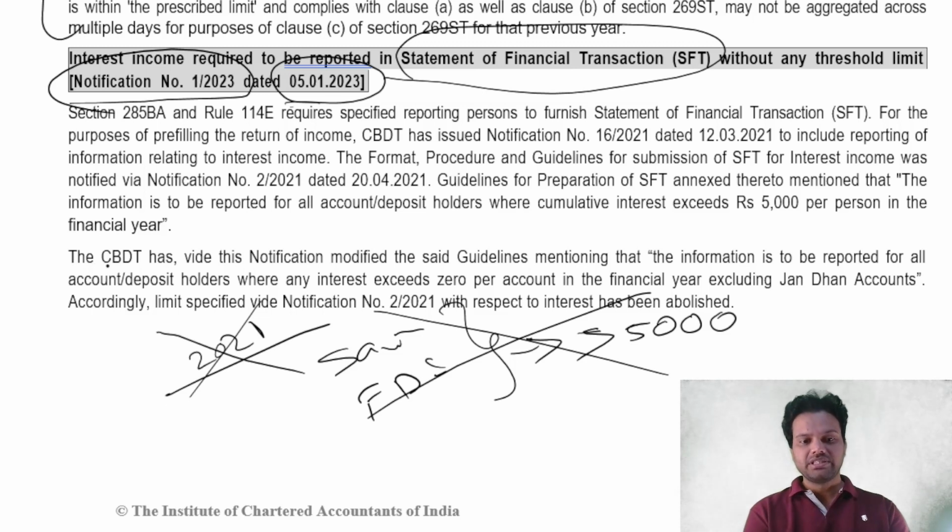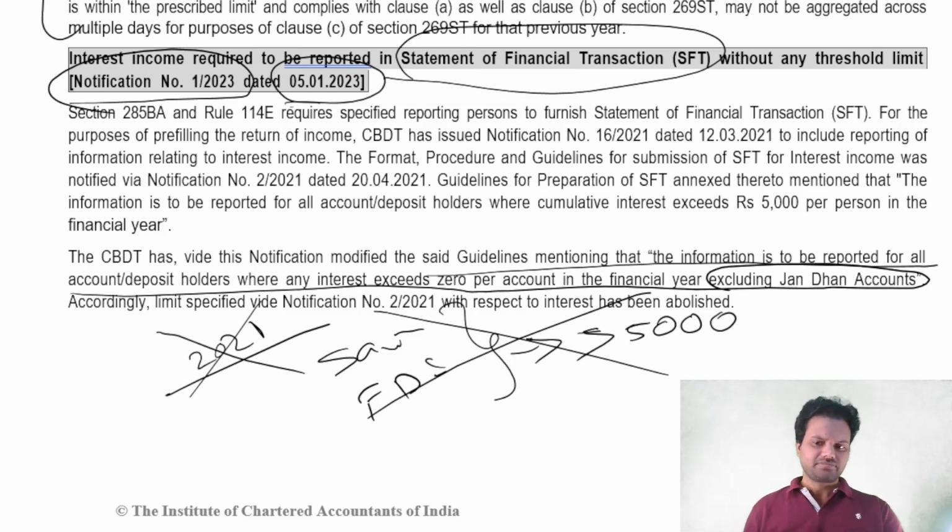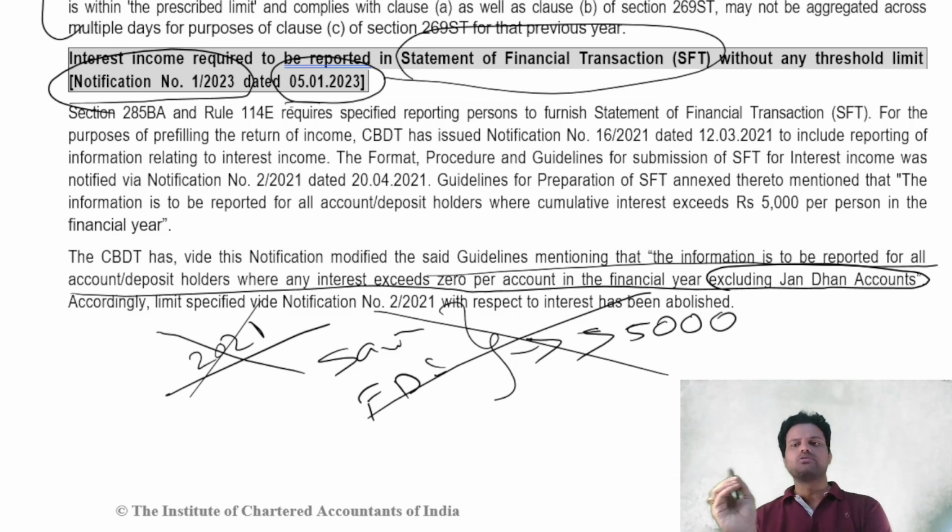So CBDT by this notification has modified the guidelines, mentioning that the information is to be reported for all account or deposit holders where any interest exceeds zero per account in the financial year, excluding the Jan Dhan accounts. Even if you have earned only 1 rupee, 10 rupees, or 100 rupees, the same will get reported.